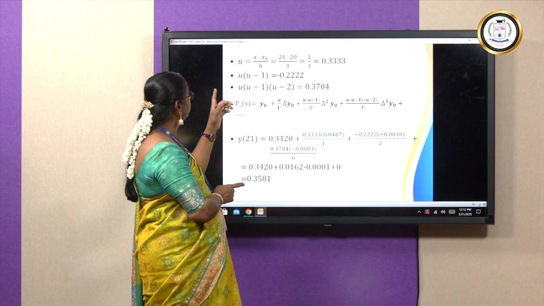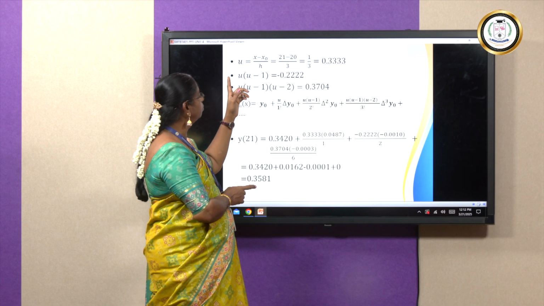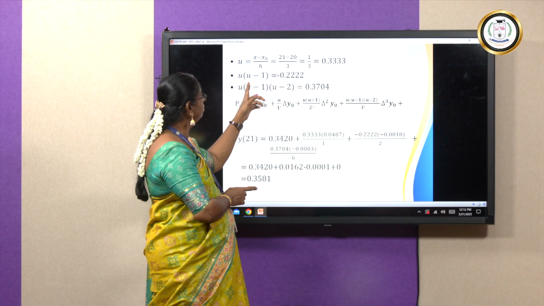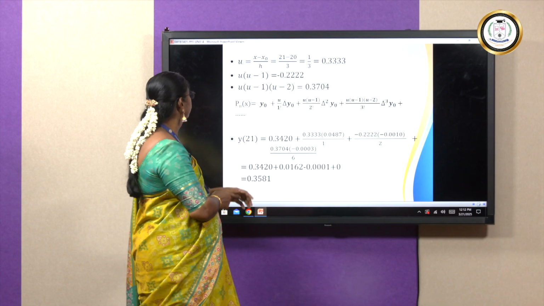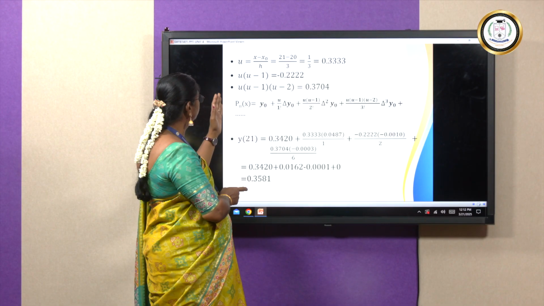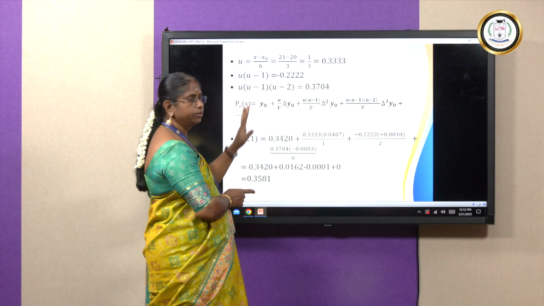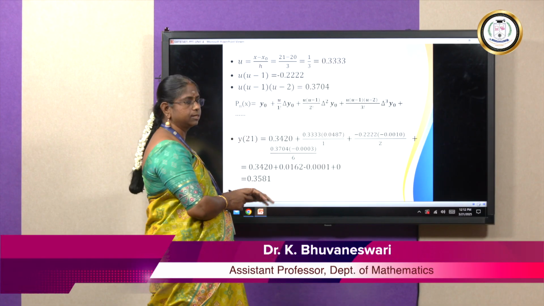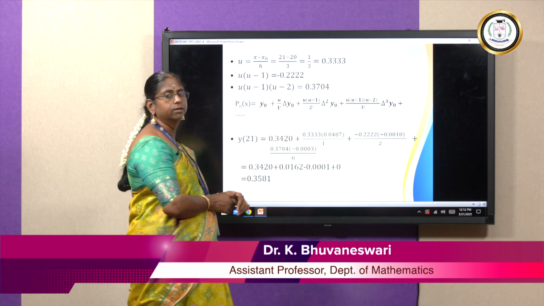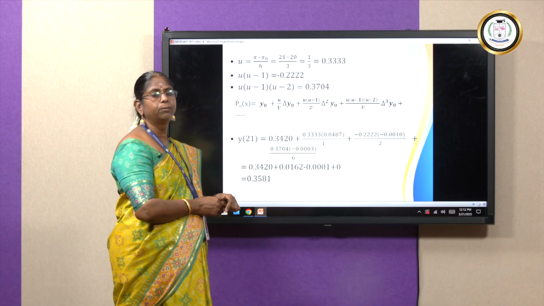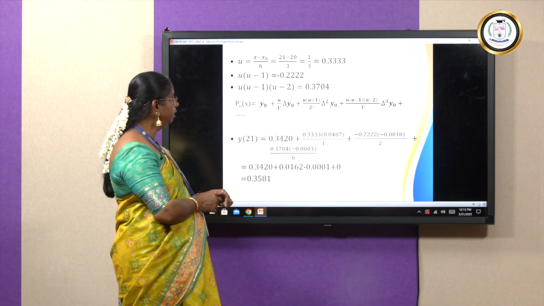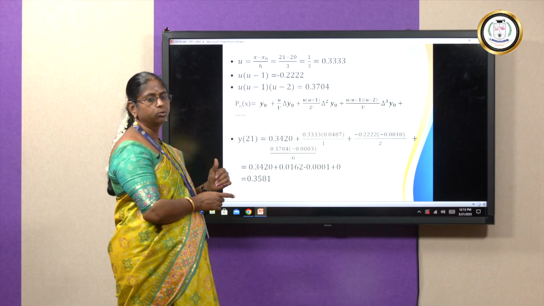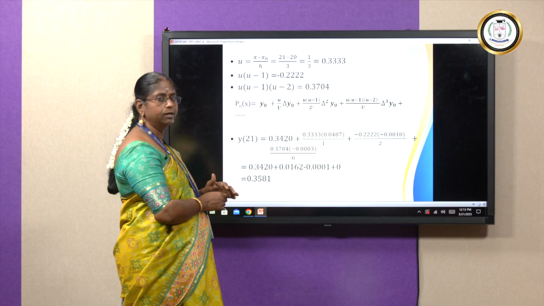So we will find out u, that's equal to x minus x naught by h, that is equal to 1 by 3. Then we may find out u minus 1, u minus 2, and from that we can calculate the interpolating polynomial, but since we have x is equal to 21, we will get a constant.